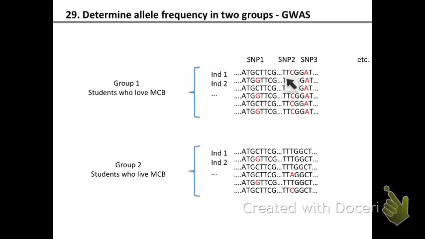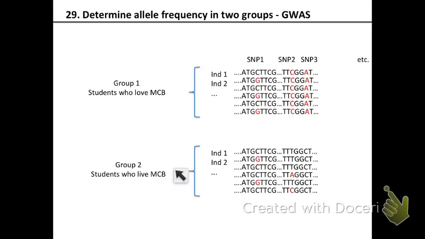At a given site in the genome, for all the individuals here, 1, 2, 3, etc., you're going to have a SNP location. In this case, it's SNP1, SNP2, SNP3. And at that SNP location, the sequences between individuals are going to differ, right? So this person is going to have a C in this location, the other person is going to have a G, etc., and likewise at SNP2 and SNP3.